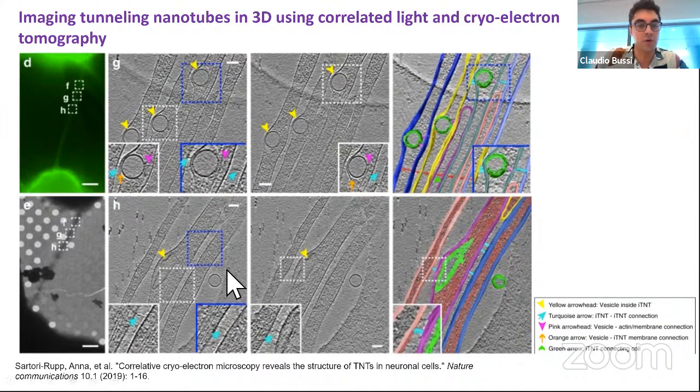Y entonces, en este caso, ellos realizaron microscopía correlativa utilizando Cryo Electron Microscopy y descubrieron, por ejemplo, de que estos nanotubos contienen vesículas en su interior.